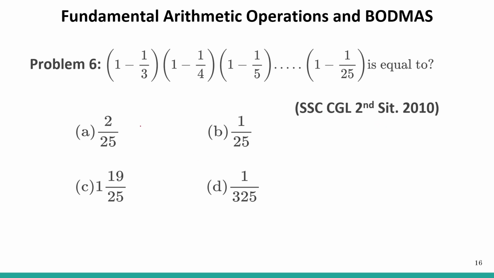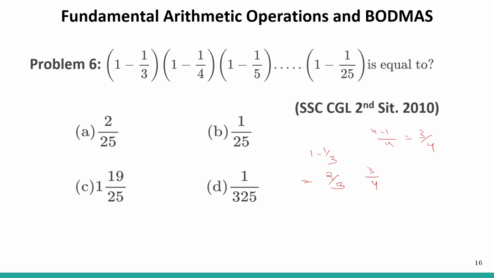So let's try to convert these subtractions into fixed fractions. 1 minus 1 by 3 is equal to 3 minus 1 by 3, which is 2 by 3, and then 1 minus 1 by 4 will be 4 minus 1 by 4, that is equal to 3 by 4.